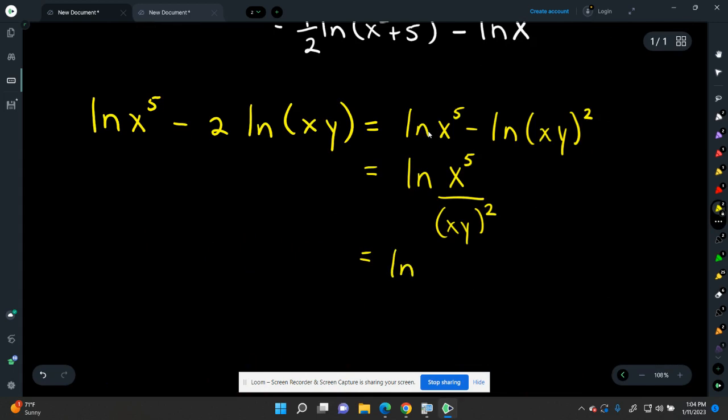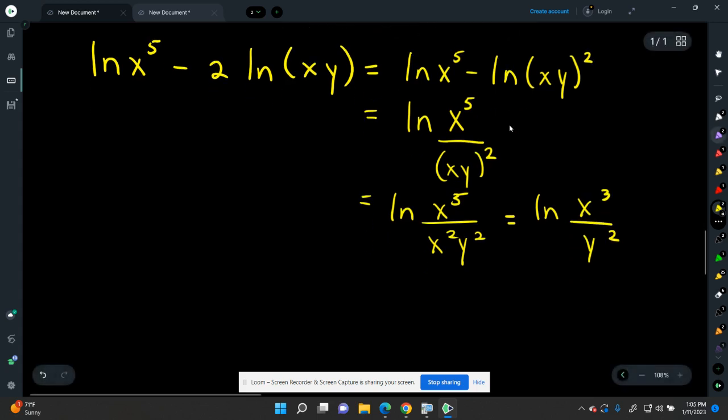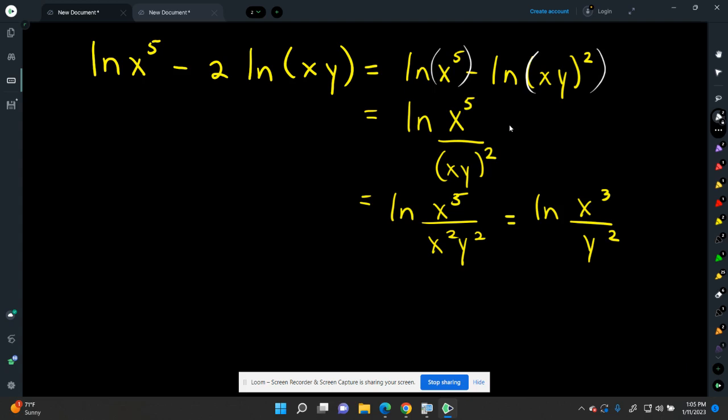Natural log of x to the 5th over x squared y squared, which gives us natural log of x to the 3rd over y squared, okay? So when we do the division, it's just the terms in front that we're dividing. We're not dividing the natural log over natural log, okay?